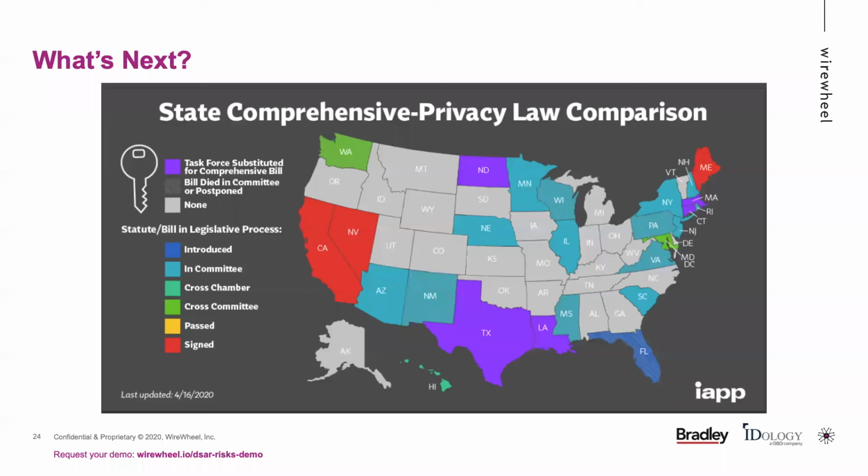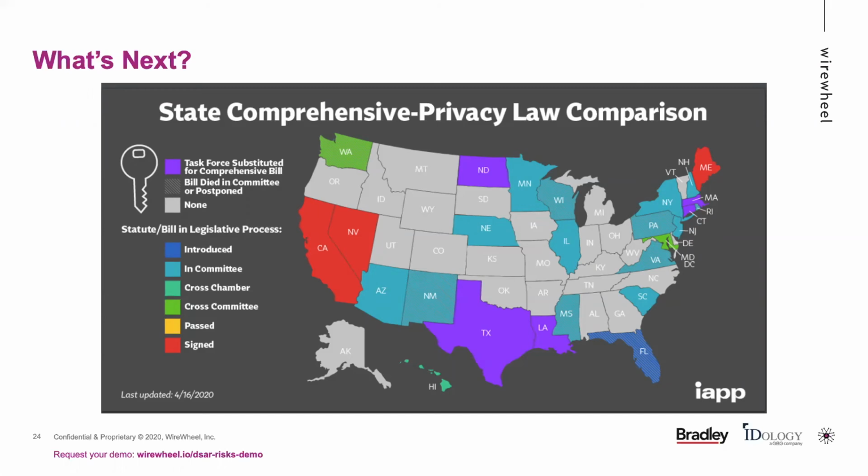But there are several that are still alive and active, and we'll see through the next legislative session whether or not those get passed. Arizona, Nebraska, Minnesota, Illinois, South Carolina, New York, New Hampshire, New Jersey, Connecticut, and Rhode Island are all ones that we're still watching to see what happens. Hawaii as well. I missed that one down there.